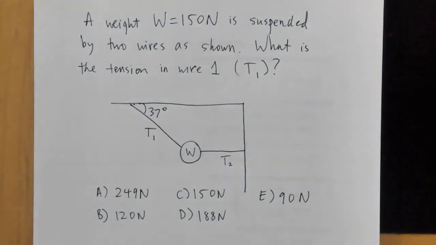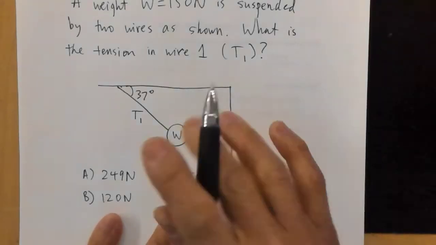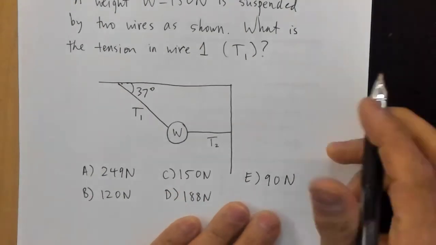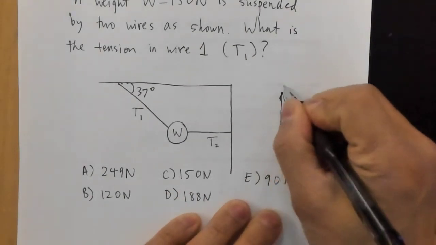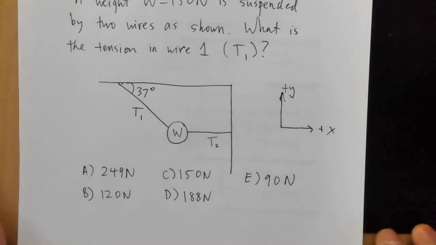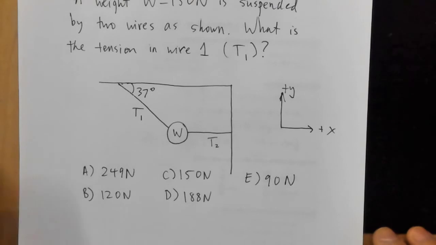Okay, so let's analyze the situation. This weight is just sitting there. And let's say this is positive y. This is the positive x direction. Okay. Now I'm going to be completely lazy and try to solve this problem with as few steps as possible.